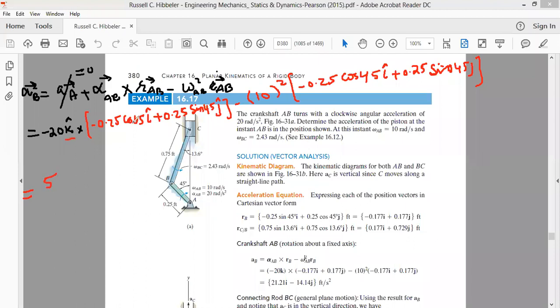Now we have k cross i, and we have cos 45, which is 1 by under root 2. So it will be 5 by under root 2. Now we have k cross i. We know i, j cap, and k cap.